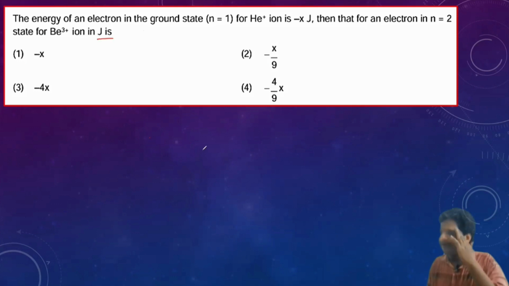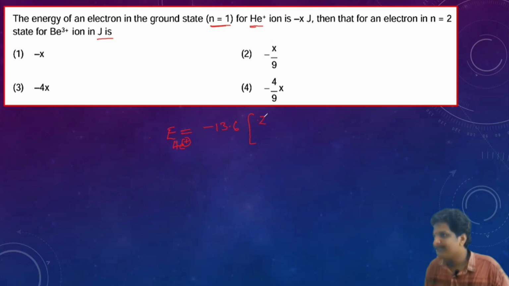Here they have given the energy of the ground state at n equal to 1 for helium, which is minus X. As we know, the energy can be written as minus 13.6 into Z square by n square joules.